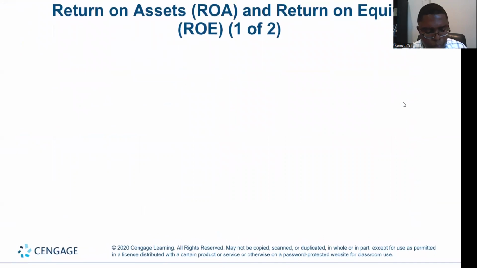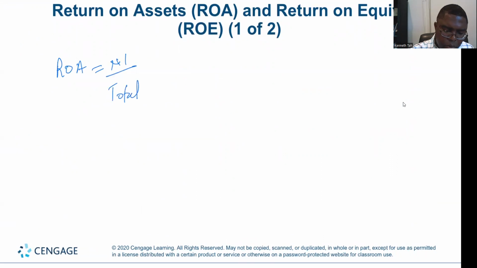All right, so we next need to see how we calculate return on asset and return on equity. Return on asset is the ratio of net income to total assets. So return on asset is net income divided by total assets.